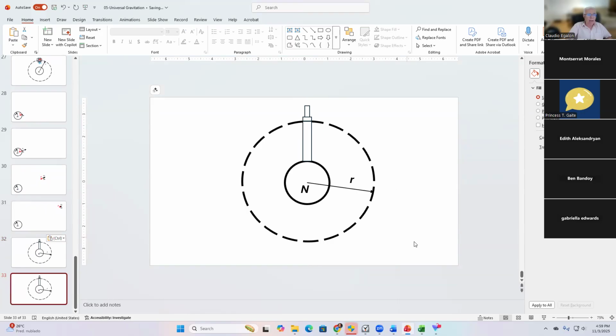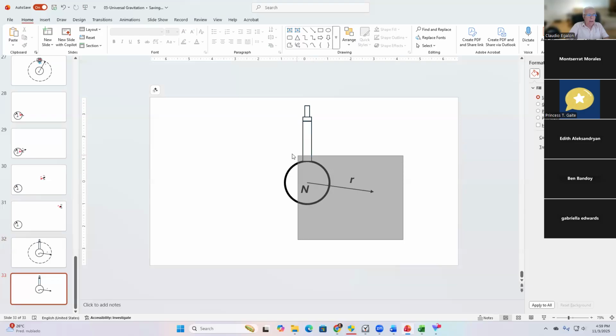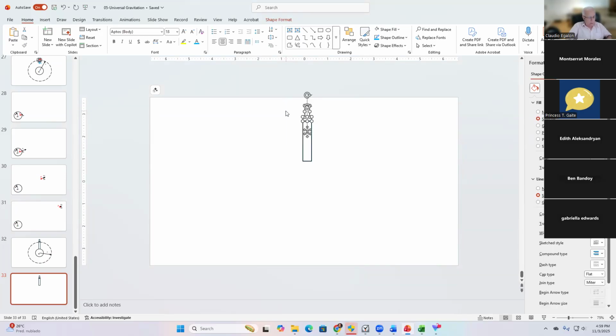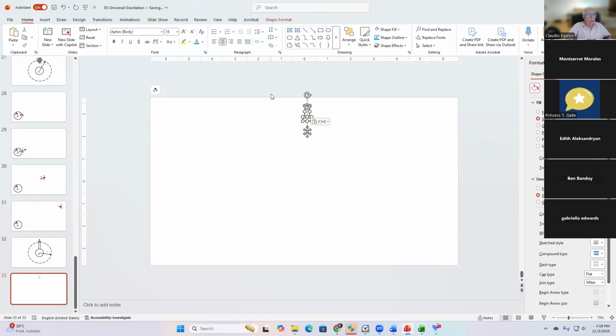Okay, and now I can zoom in into my test subject, right? Here you go. I'm going to make it larger. Let's see here. This guy goes away.